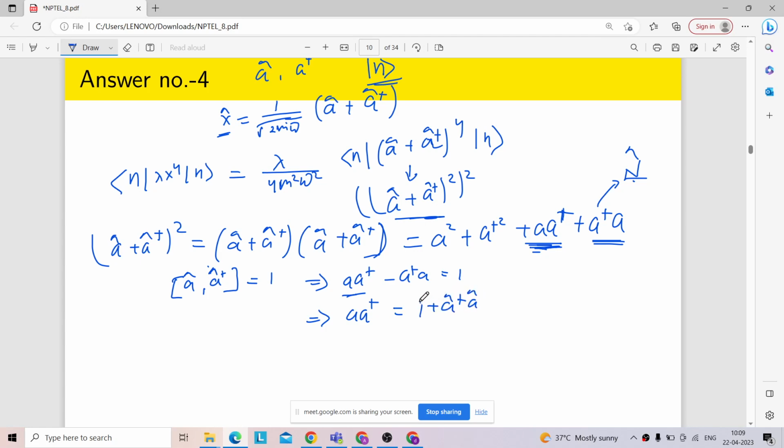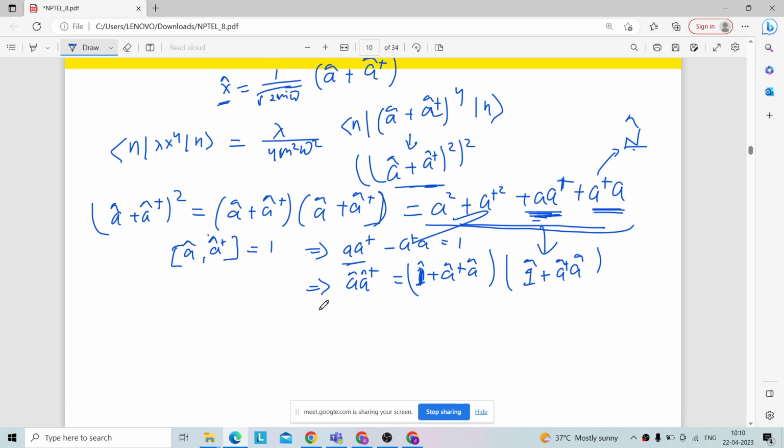So these are operators, so you have to give them a ket. And this one is also an operator. When it operates on a state, it keeps the state as it is. It doesn't change the state. So this term will become 1 plus a† a, right?